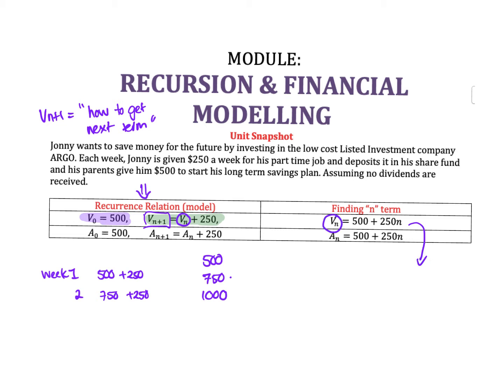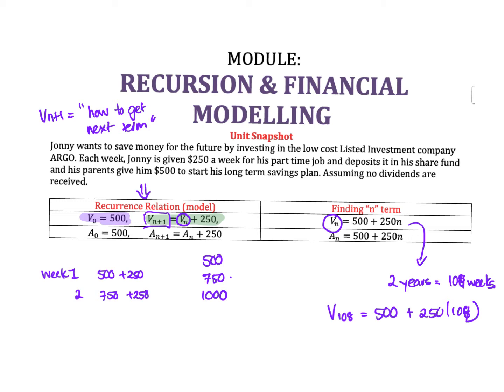Say I said 2 years. This is a weekly thing, so that's 104 weeks. If I wanted to find V104, I would go 500 plus 250 times 104. Can you see that would make it easier? Otherwise we'd have to keep adding and adding and adding.